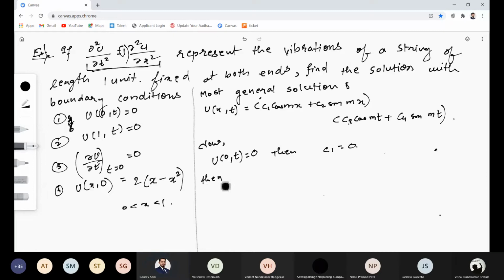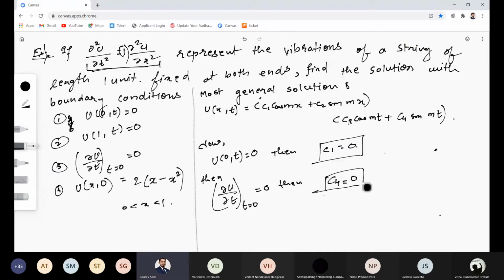Then ∂u/∂t at t = 0, then what you'll get is C4 = 0.